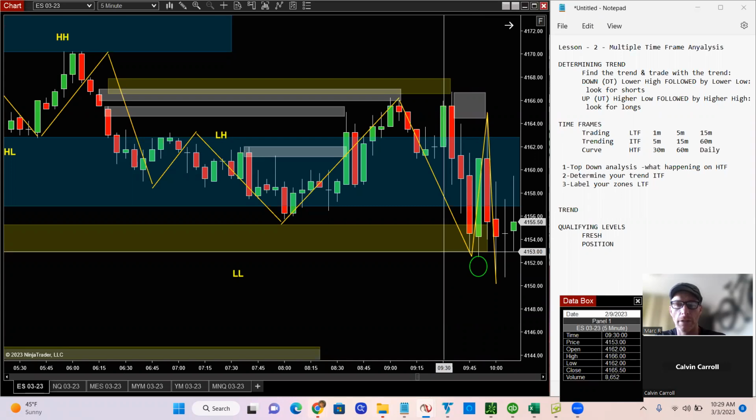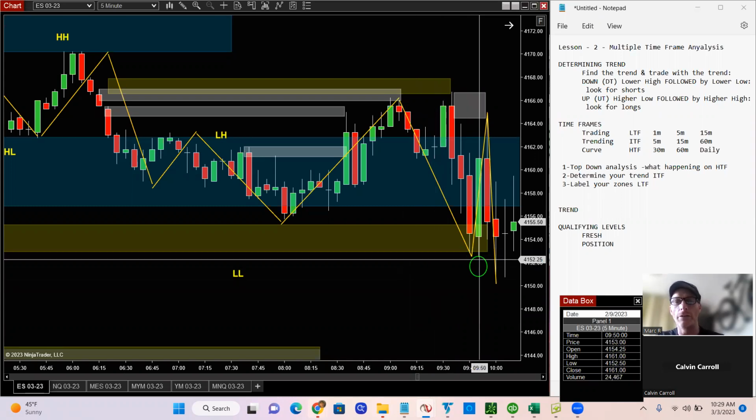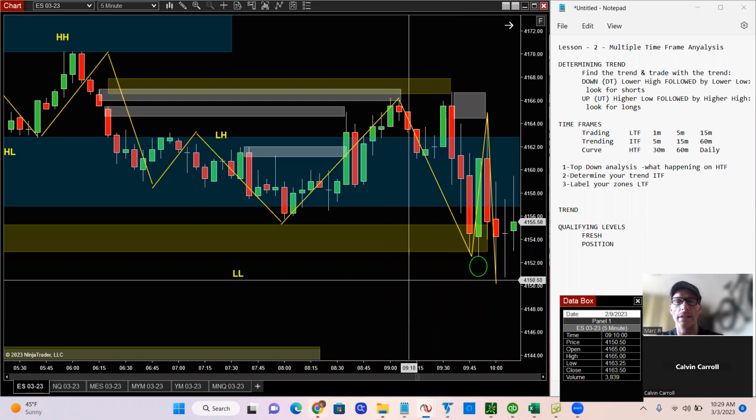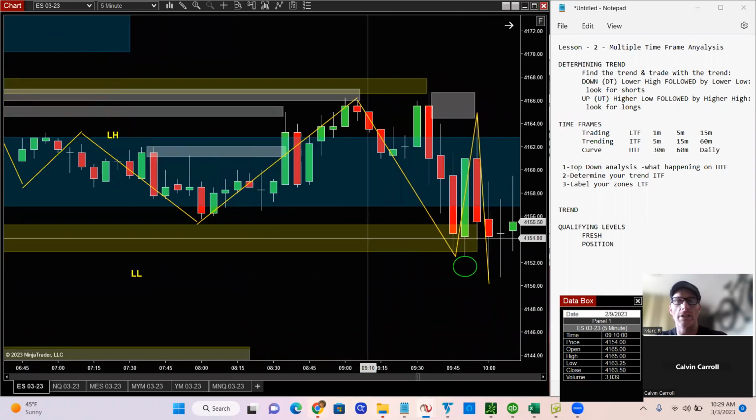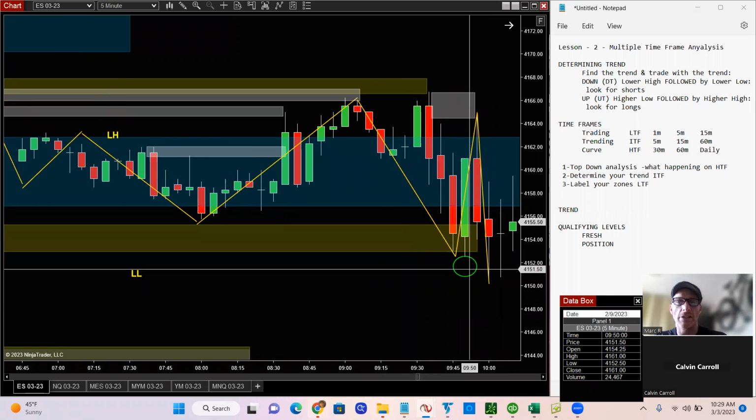Now, levels are subjective. How I draw a level is different from how someone else draws a level. But for me, if I put that level there and I saw that level get broken, I would take that as just extra information. Wouldn't necessarily confirm something for me, but I would take that as extra information.